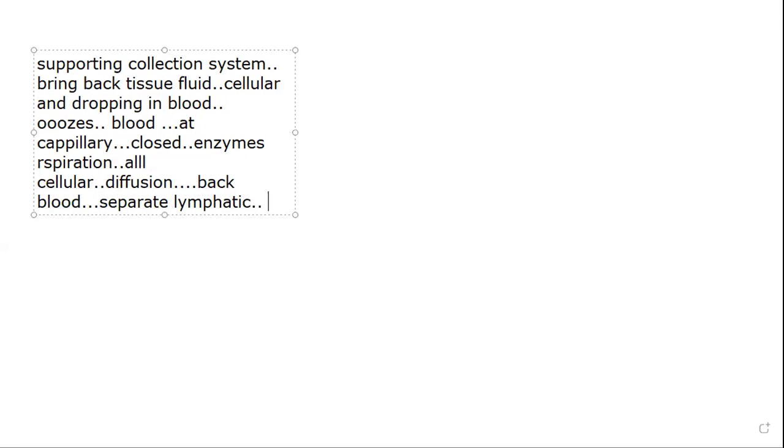The lymphatic system does not have a pumping organ. There is no heart part in it, no pumping organ. Because of the absence of a pumping organ, the question comes: how is the liquid going to move forward?